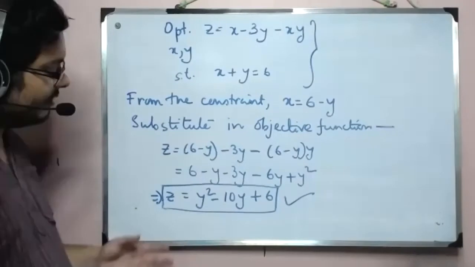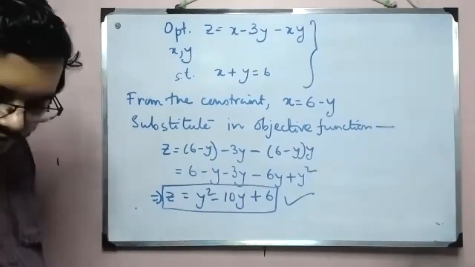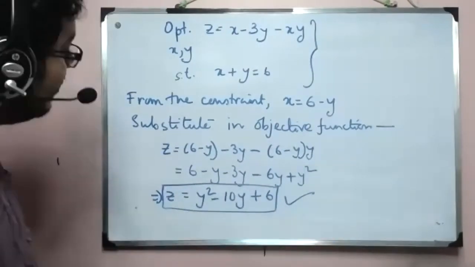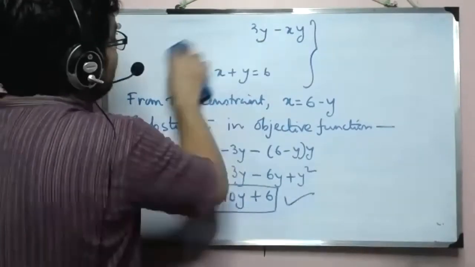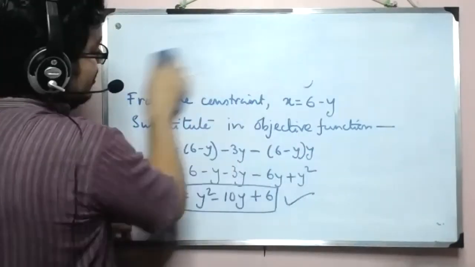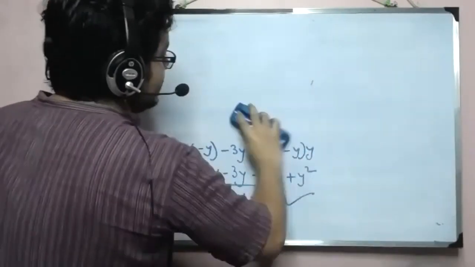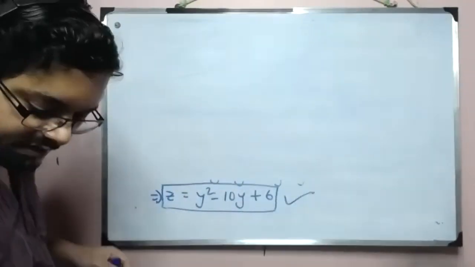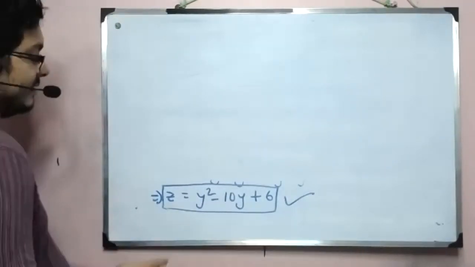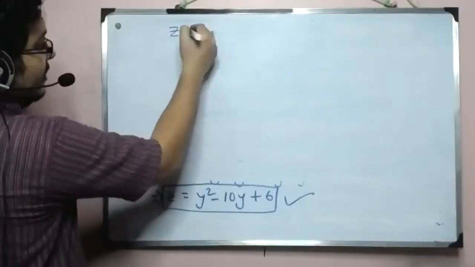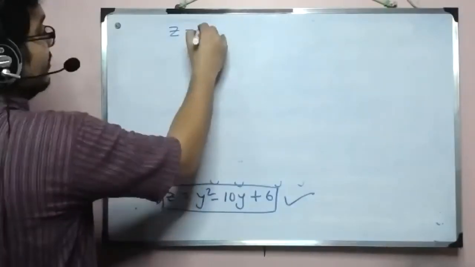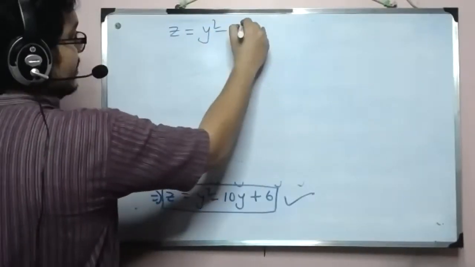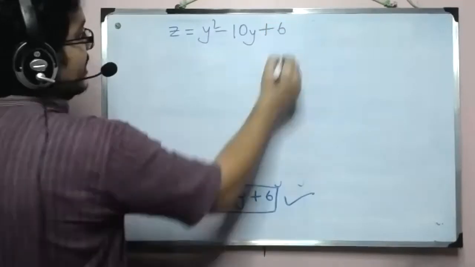Now we are going to simply optimize it. So we have expressed the problem; now let us erase all of this and write this here: z equal to y squared minus 10y plus 6.